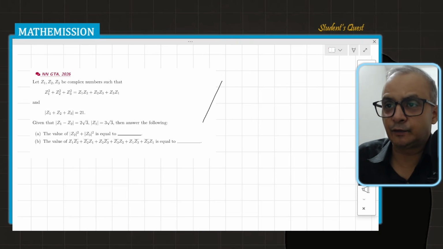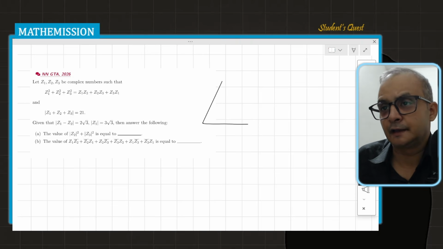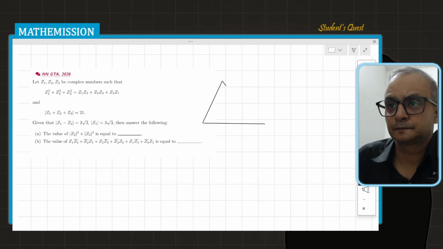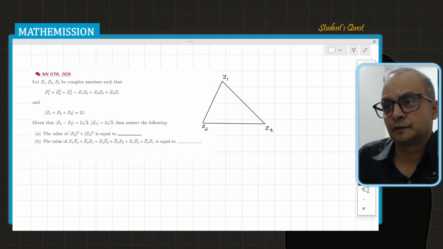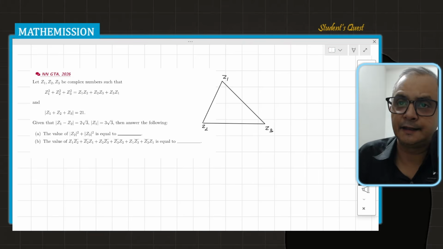If an equilateral triangle is given here, this is Z1, Z2, Z3, and this property, Z1 squared plus Z2 squared plus Z3 squared is equal to Z1Z2 plus Z2Z3 plus Z3Z1, is possible only if the triangle is equilateral. So if this is given, then this triangle must be equilateral.